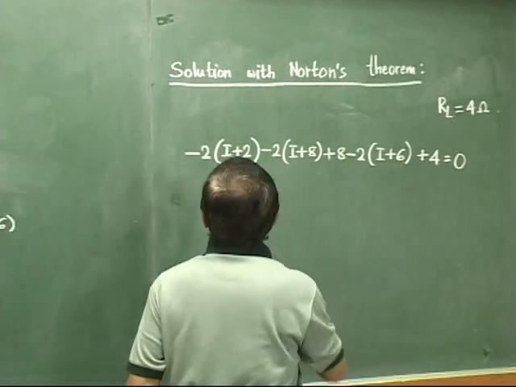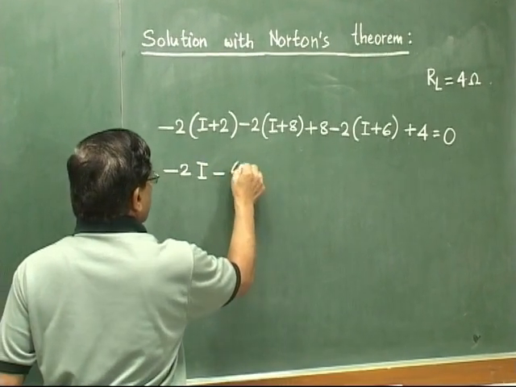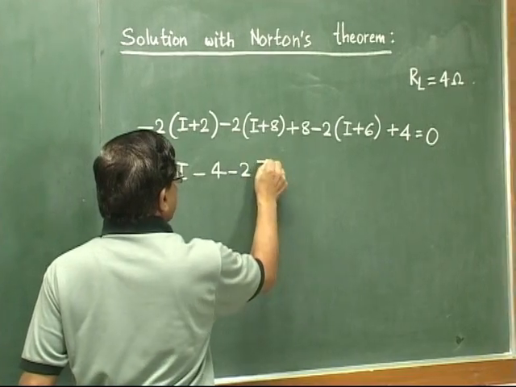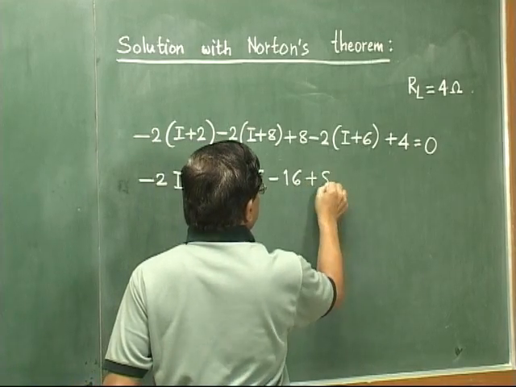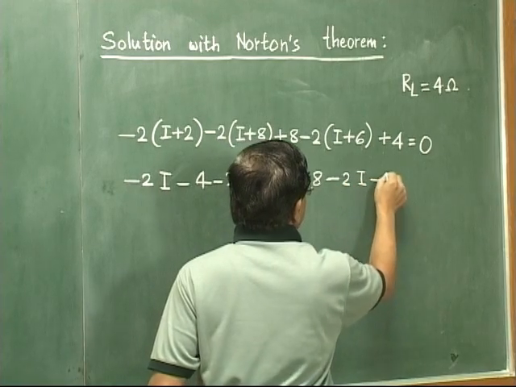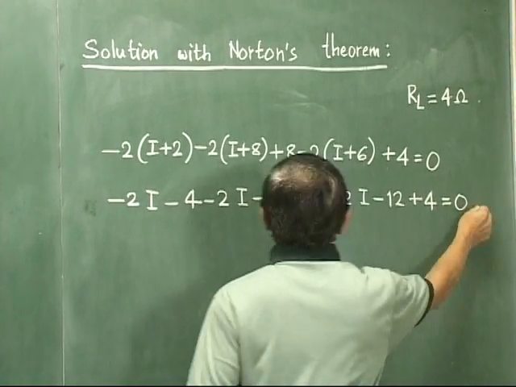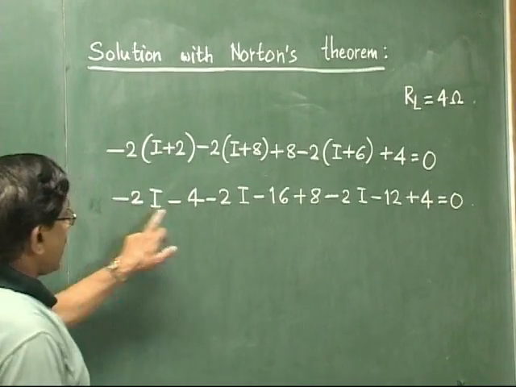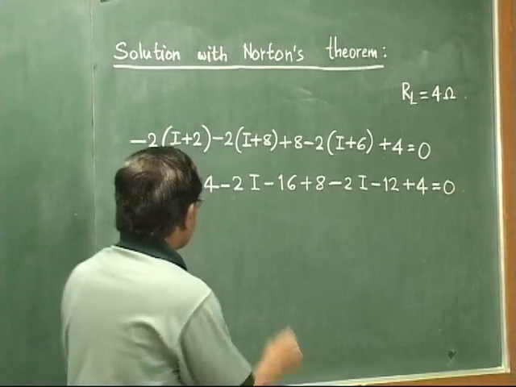Let us simplify this equation. It will be minus 2I minus 4 minus 2I minus 16 plus 8 minus 2I minus 12 plus 4 equal to 0. So minus 2I is minus 4I. Again minus 2I is minus 6I.